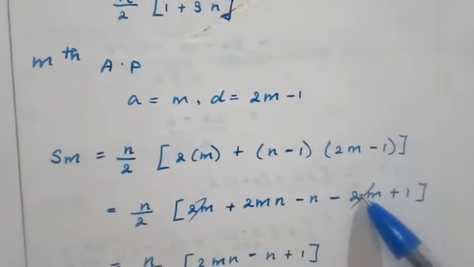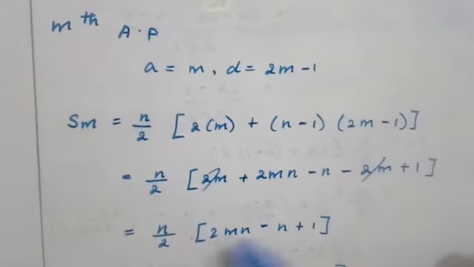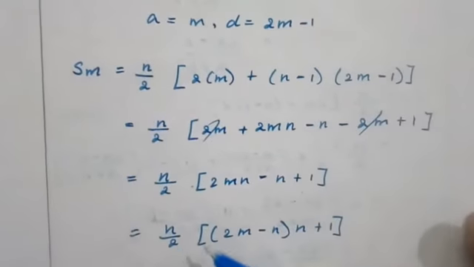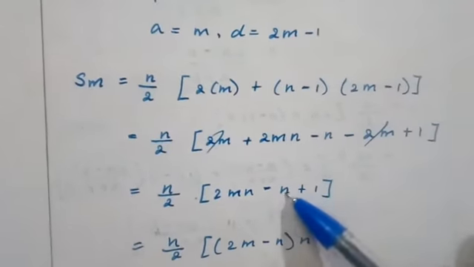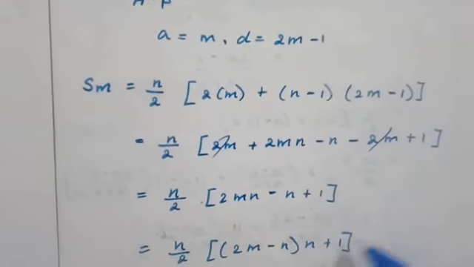Then cancelling is possible, plus 2m minus 2m. After cancelling we have n by 2 into (2mn minus n plus 1). Then n is common, take outside, that is n by 2 into (2m minus n into n plus 1).